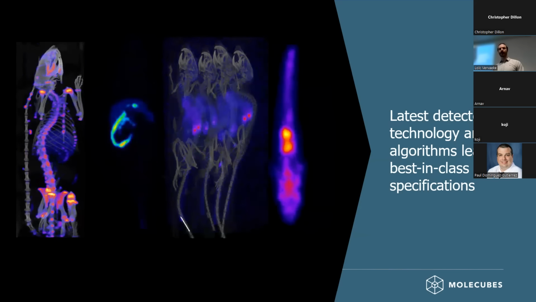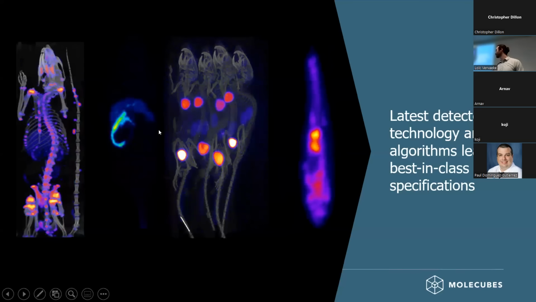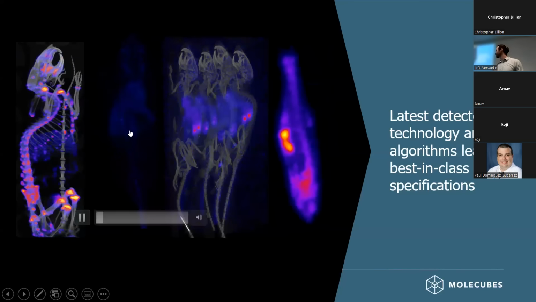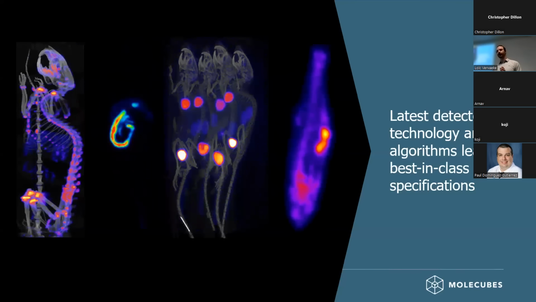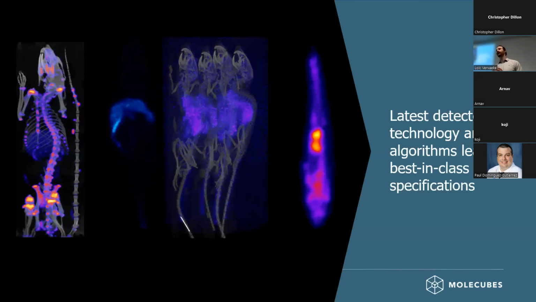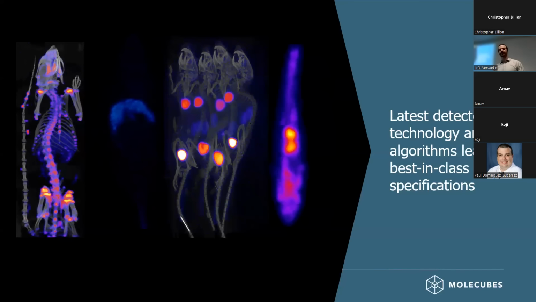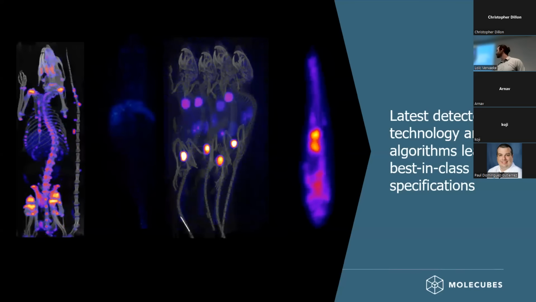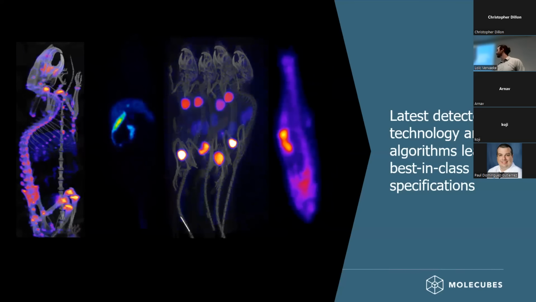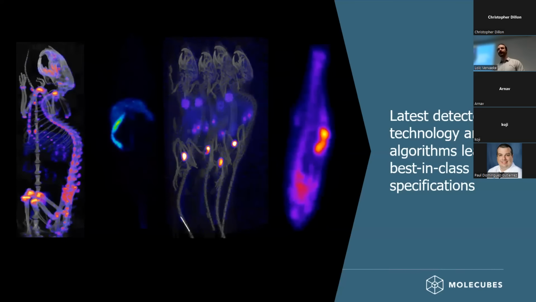Some more highlights to share here, I think the most interesting ones are this biodistribution PET study on a full body mouse. Just in a single bed position, you can have the full field of view on the entire mouse and perform a dynamic scan on that animal. The image next to that is the use of our so-called hotel bed, which supports up to 4 mice simultaneously.